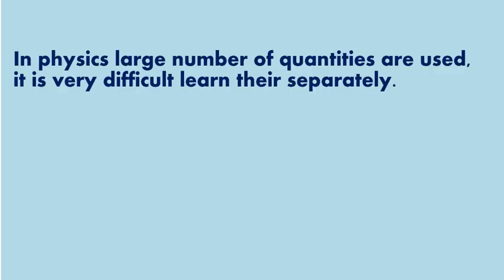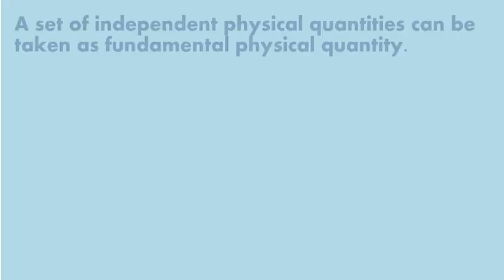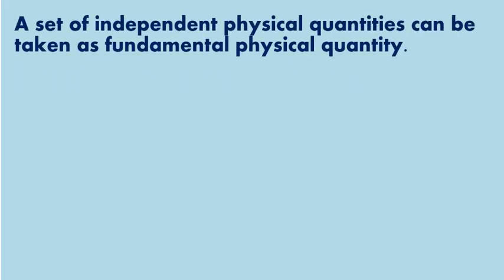There are a large number of physical quantities in physics, therefore it is very difficult to study their units separately. To resolve this problem, anyone can select a set of physical quantities which are independent of each other.